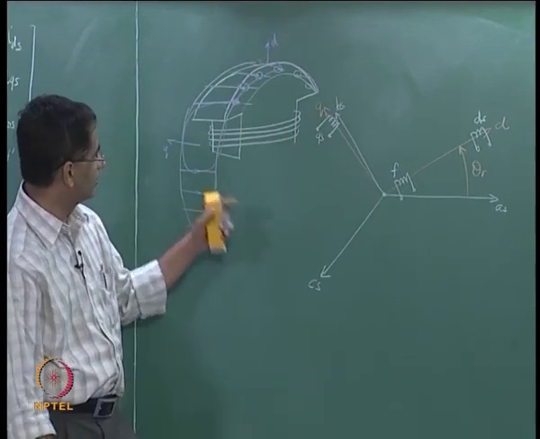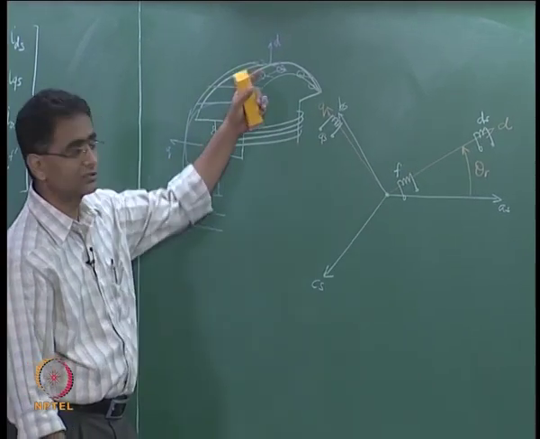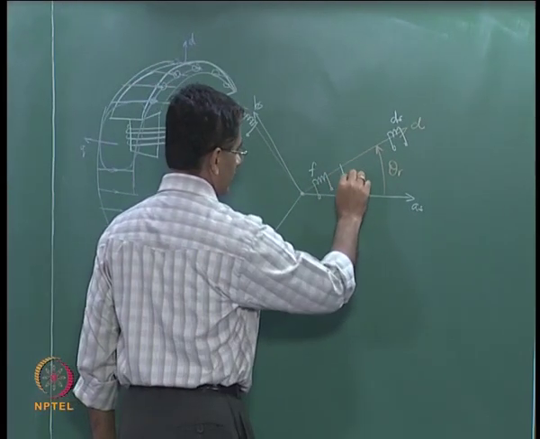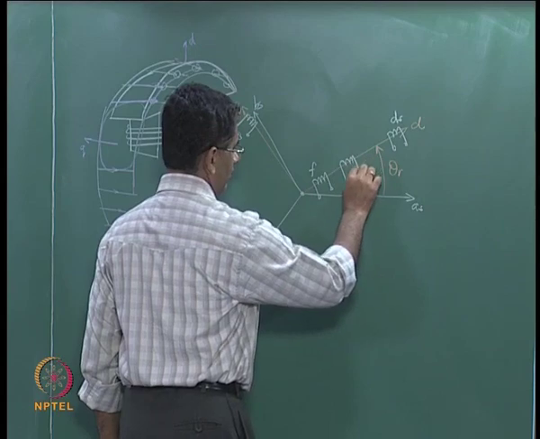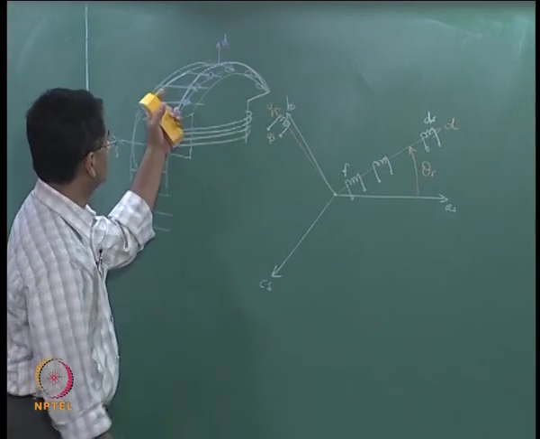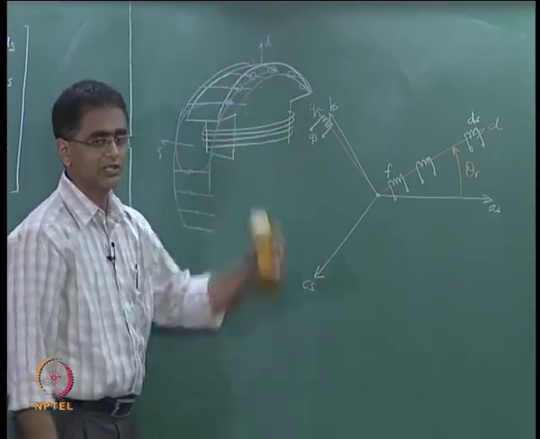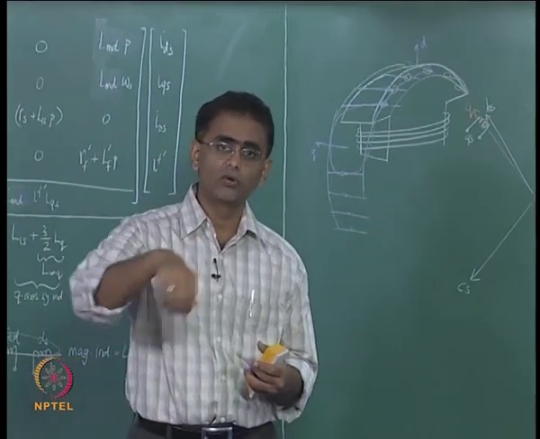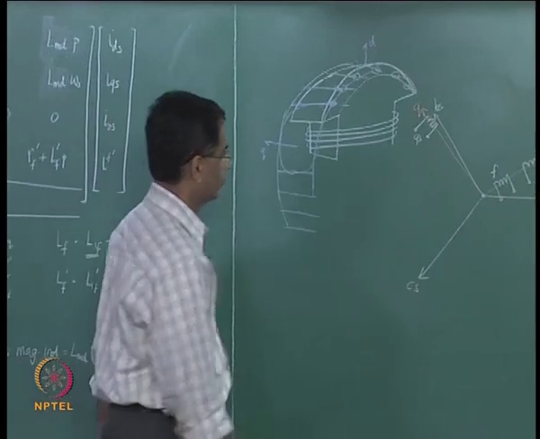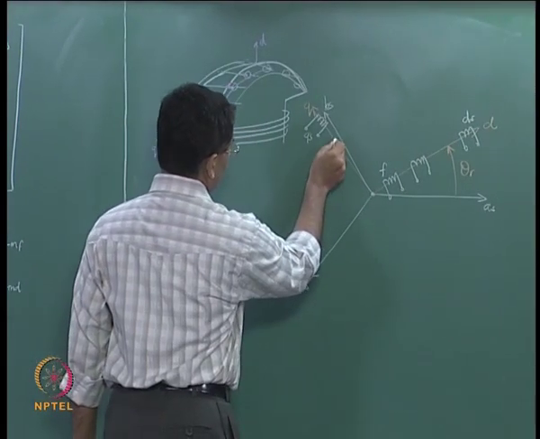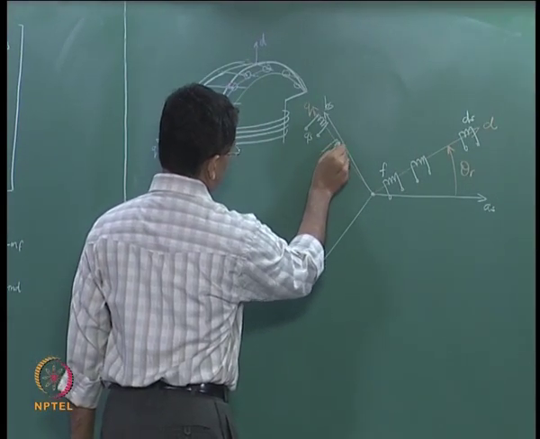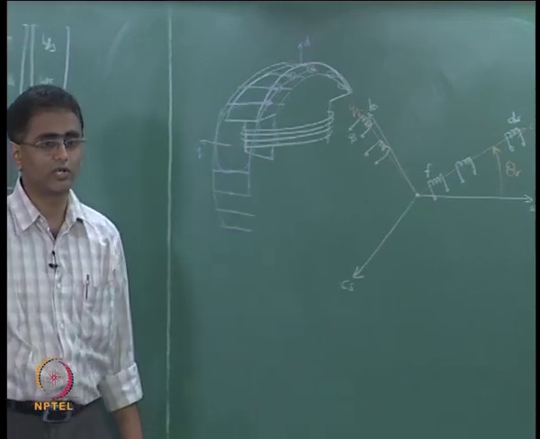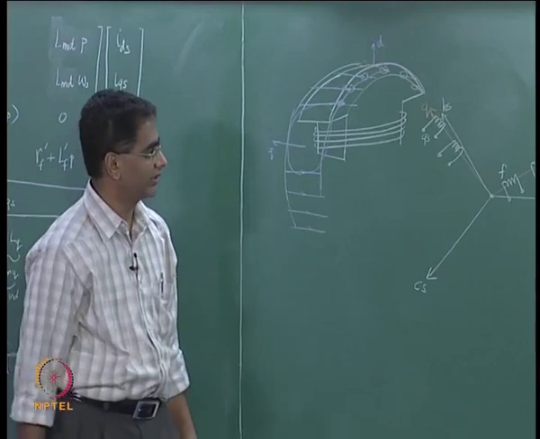Now, if one wants to account for the presence of dampers, one has to consider at least one more coil on the D axis, which is a representation of the field that is generated by currents flowing on the D axis, and one more coil at least on the q axis, which accounts for the MMF that is generated along the q axis.